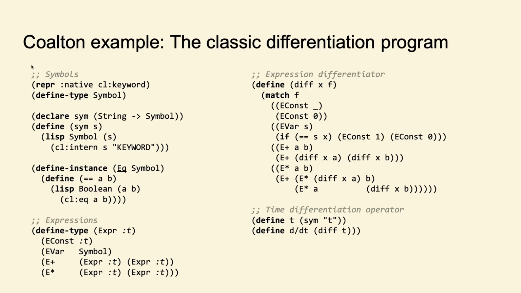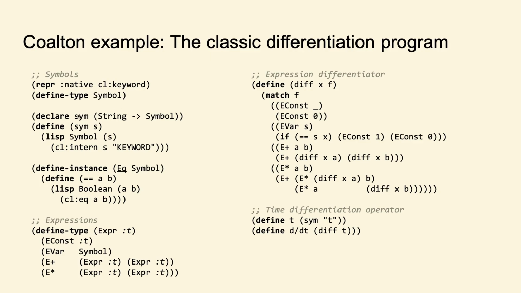So I don't know if you can see my mouse. I'm going to try to use my mouse instead of a pointer for the folks online. This first bit of code here is adding a new data type to Coalton that mirrors an existing Common Lisp data type, namely a keyword. A Common Lisp keyword is the data representation of a Coalton symbol here.